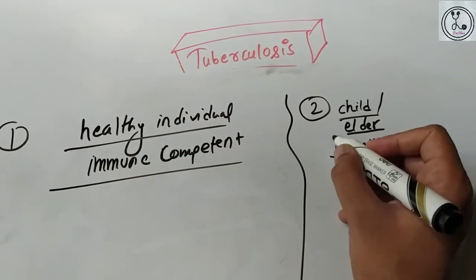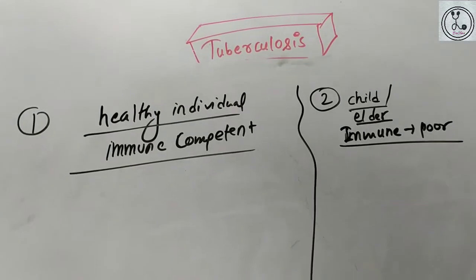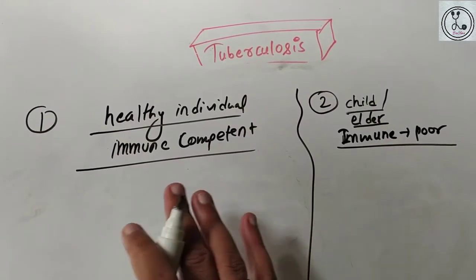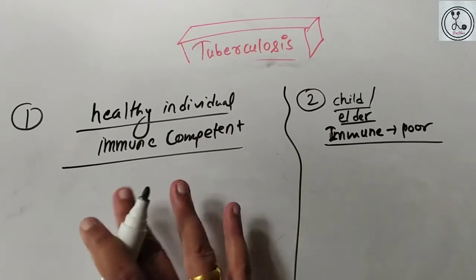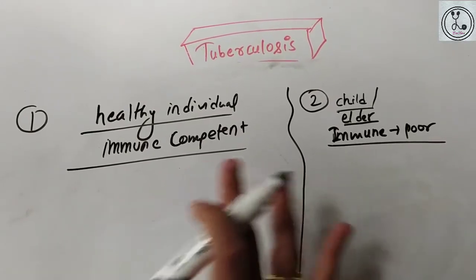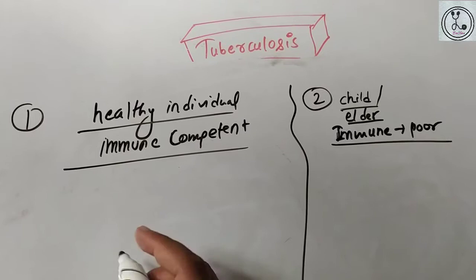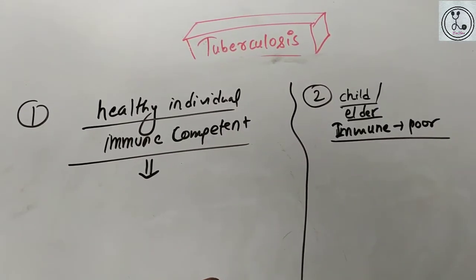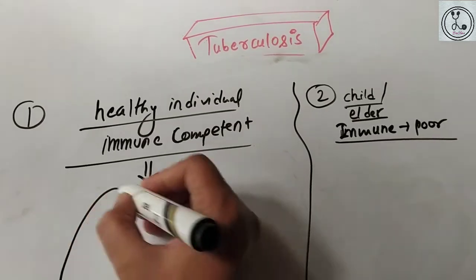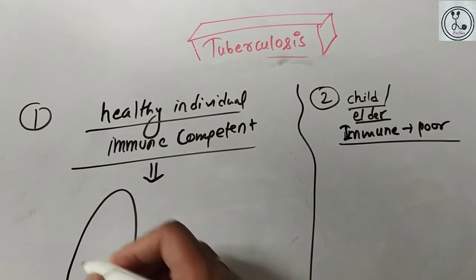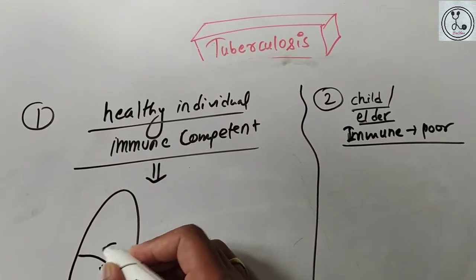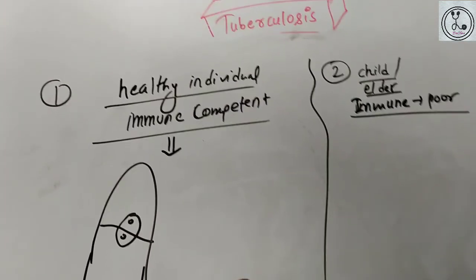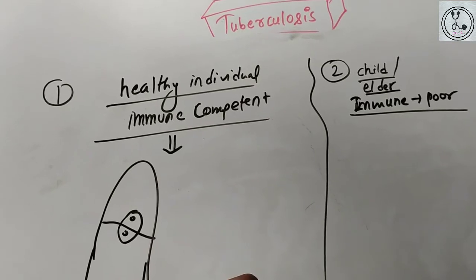Let's suppose that each patient was exposed to Mycobacterium tuberculosis. So let's take a healthy individual who is exposed to it. Now let us suppose that in this patient, the bacteria get lodged for the first time in the lower part of the upper lobe and upper part of the middle lobe.